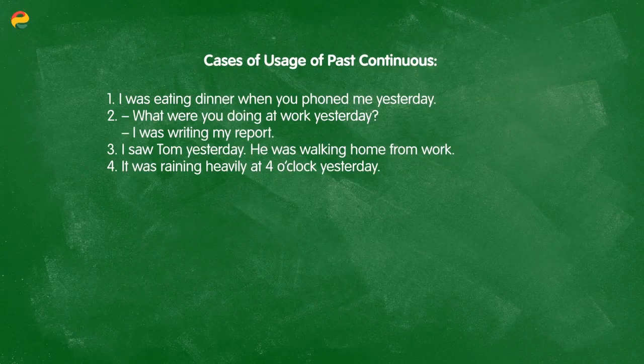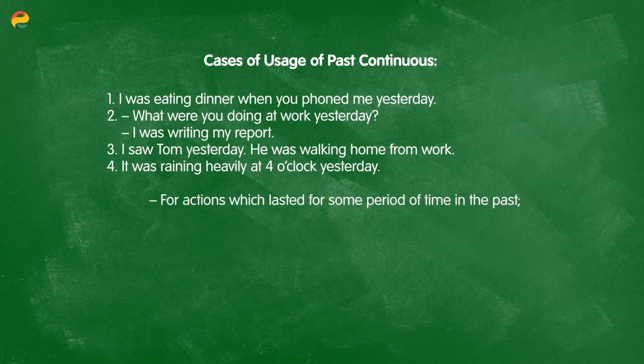Or, finally, if I'm talking about someone else, I might say, "Oh yes, I saw Tom yesterday. He was walking home from work." Here, I'm talking about an action that was in progress at a specific time yesterday, or just in the past. It was happening at this time.